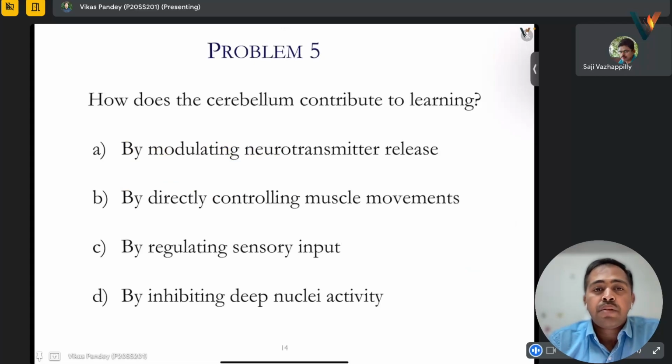How does the cerebellum contribute to learning? By modulating neurotransmitter release, by directly controlling muscle movement, by regulating sensory input, or by inhibiting deep nuclei activity? It would be inhibiting deep nuclear activity.